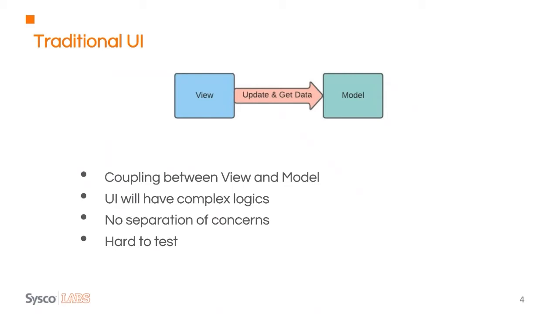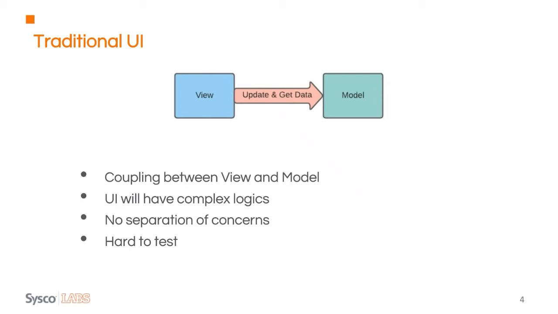And then the UI has to worry about the logic of fetching the data and interacting with the model. So the UI gets more complex, and obviously we won't have separation of concerns at all. And also it is hard to test. When it comes to testing at the view level, it is really hard, and you know this.